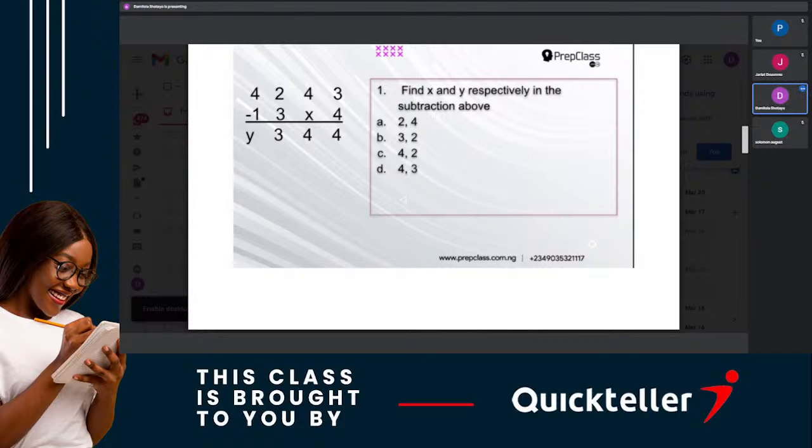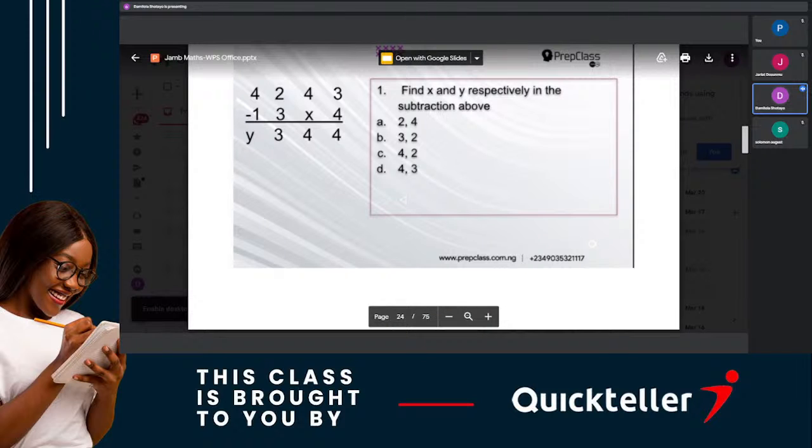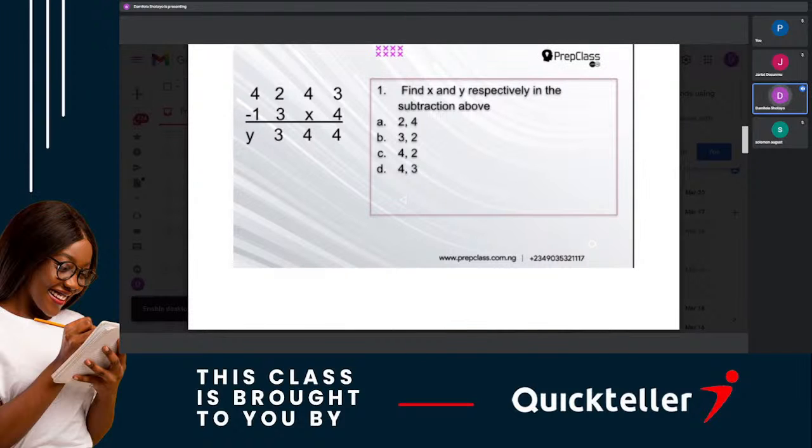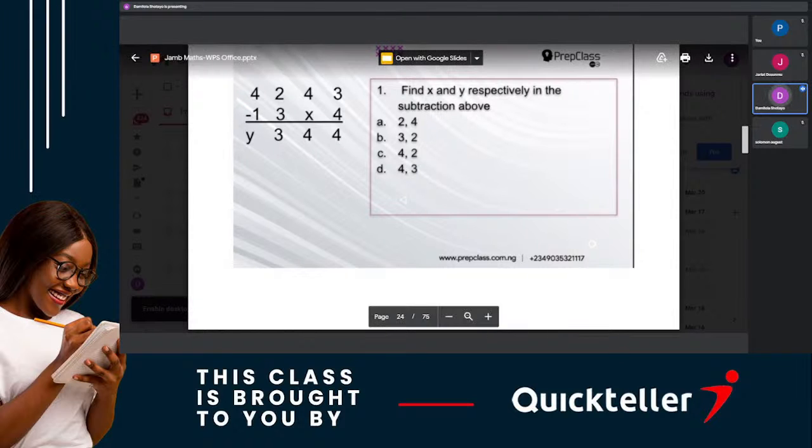Now, look at this. When you are subtracting number bases, this question needs you to think a little. It's easy but a little bit technical. Now, 3 cannot minus 4. This question is in a specific base, which JAMB did not mention. What base are these numbers? This is a number base question, but JAMB didn't write the base.